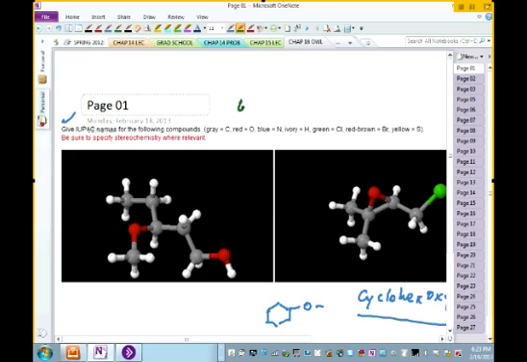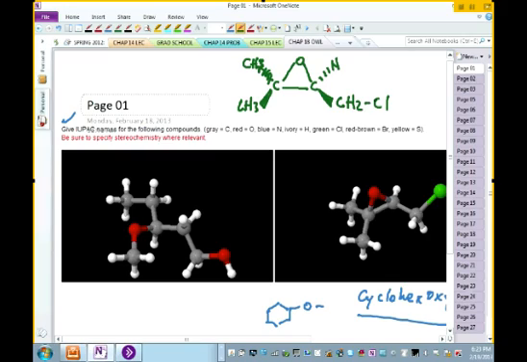Okay, so we have CH3, this CH3 is going away from you, and this CH3 is coming at you, and then we have the epoxide, and this hydrogen is going away from you, and this group is coming at you.